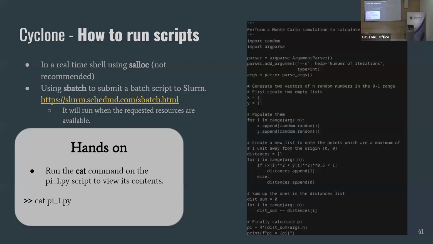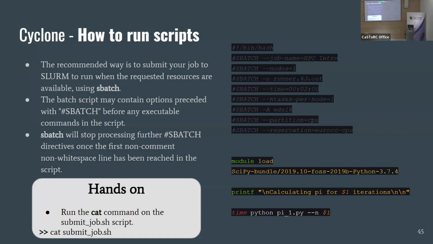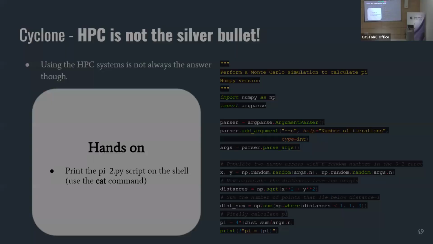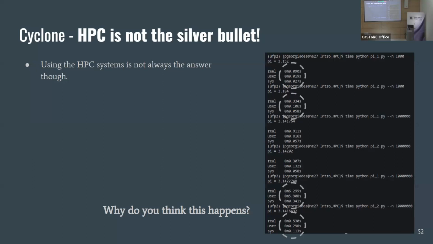We run this, and this with NumPy for the same number of iterations. For the first few iterations, let's say for 1,000, the first version is faster. But then it gets much slower. Why?